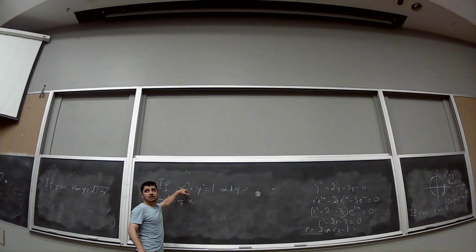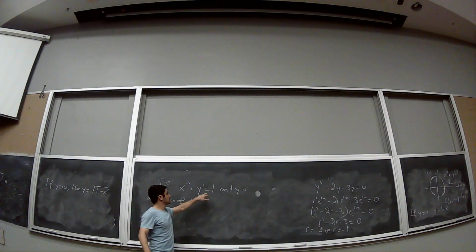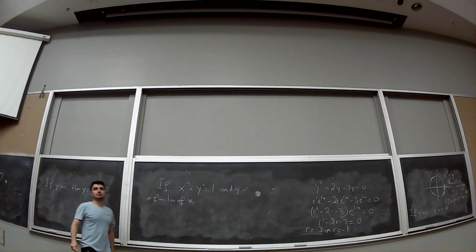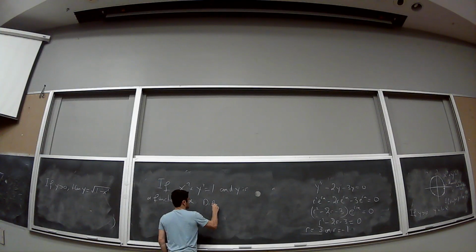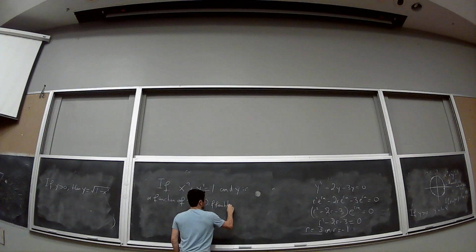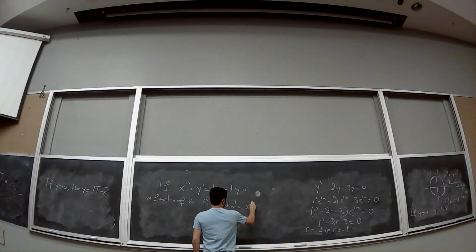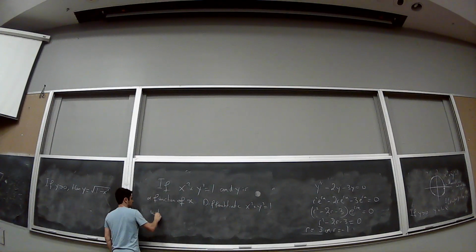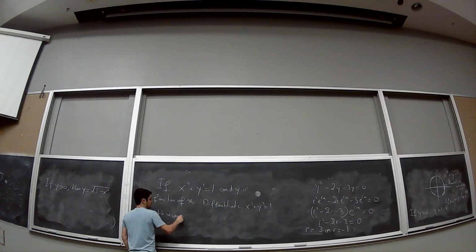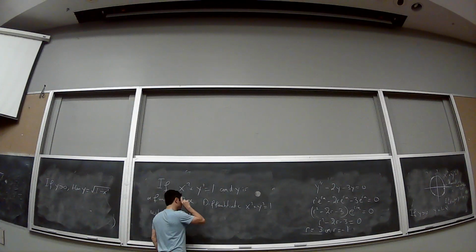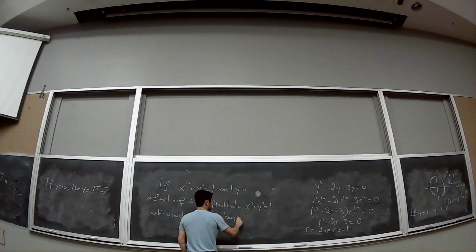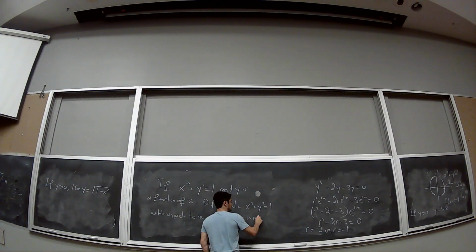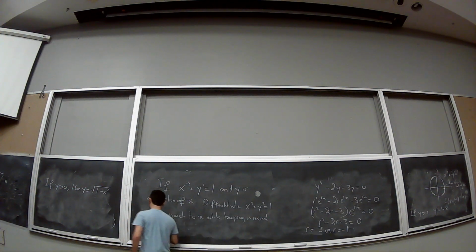X squared is a function of x, y squared is a function of x, and 1 is a function of x. Let's differentiate this equation with respect to x, while keeping in mind that y is a function of x.